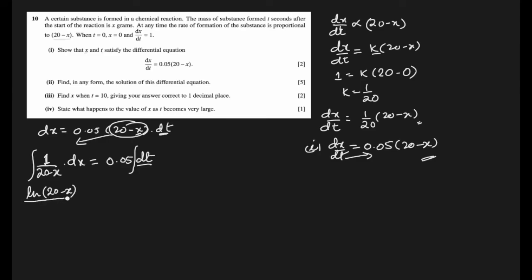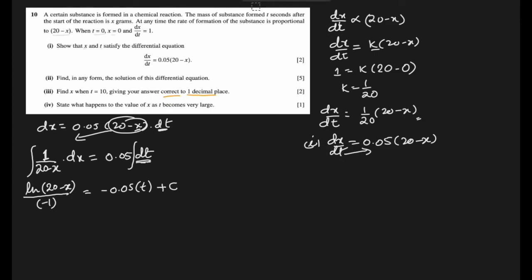After this, we divide it by the differentiation of the contents of the ln, which is 20 minus x. The differentiation of 20 is 0, so we don't look at it. Minus x, its differentiation is minus 1. That's what we divide this with. It will be equal to 0.05, which is a constant, and the integration of dt is t, and we will have plus c.